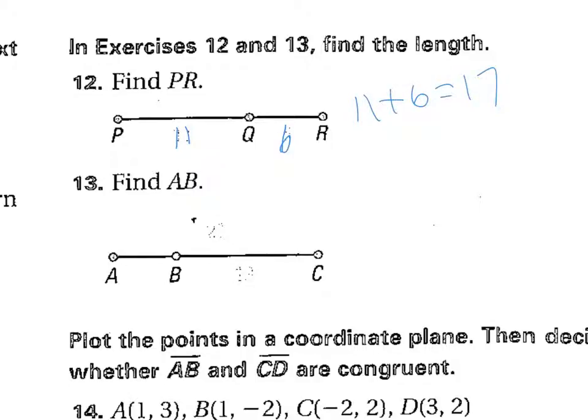As opposed to the next one, where this is 26, BC is 18. They just want AB. They just want this little part right here. So we have to do the opposite, which would be subtract. So we're going to go 26 minus 18, and that equals 8 units.